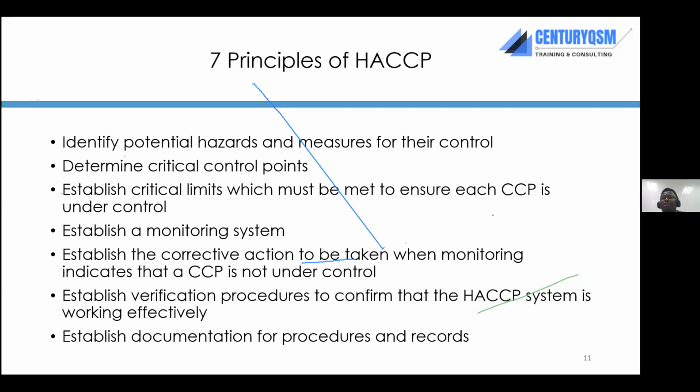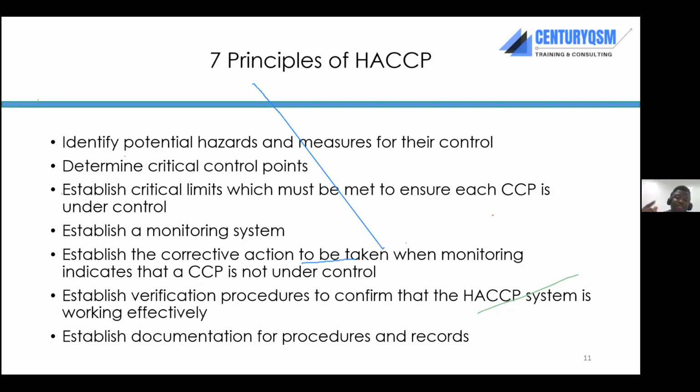How do you determine critical control points? You use your decision tree. Your decision tree is a schematic diagram that answers the question at every stage gate or every point in your production flow, and helps you determine where is critical and where is not critical.